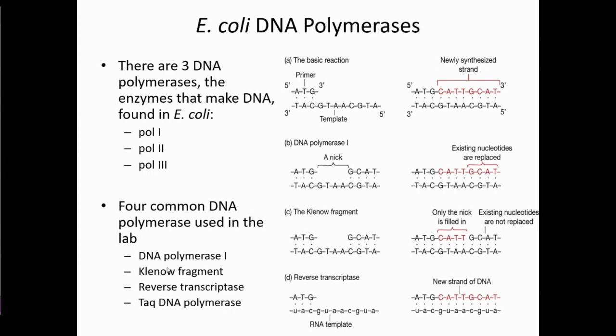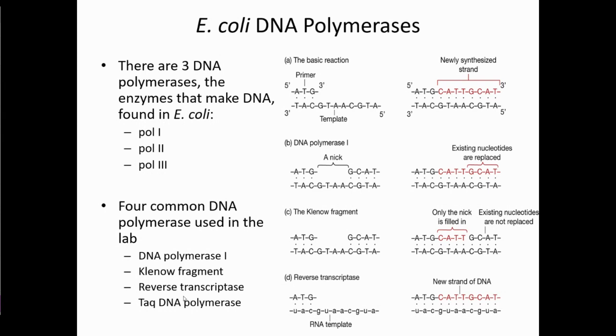And then Klenow, that's part of polymerase 1. Klenow can basically only fill in the gap because it does not have the 5' to 3' exonuclease activity.